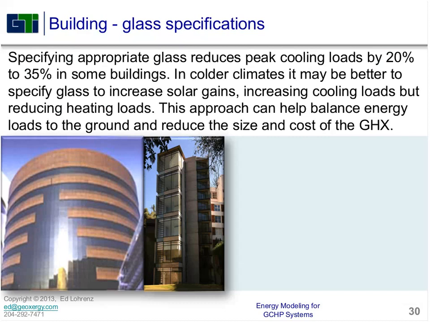You have to dig around for it sometimes, but the more accurate you can make those models, the better it's going to be. We've seen building cooling loads be reduced by as much as 20 to 35% in some buildings, which can have a huge impact. In a lot of cases, they can make enough difference so that you actually have room on the site to install a ground heat exchanger.